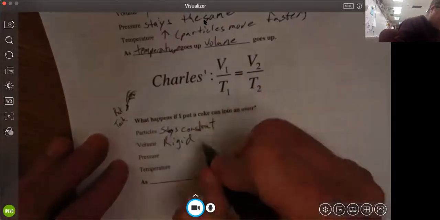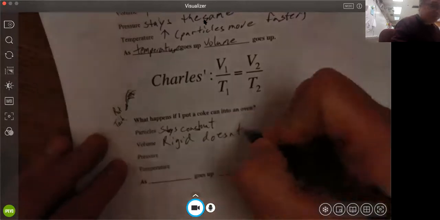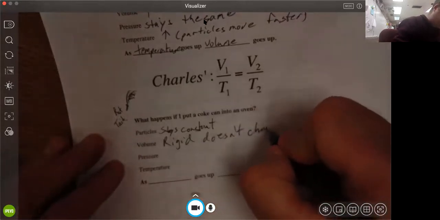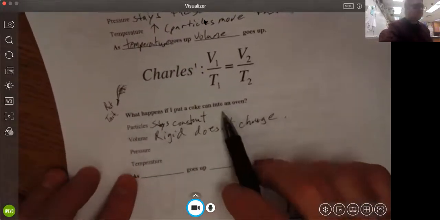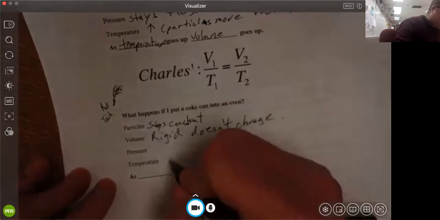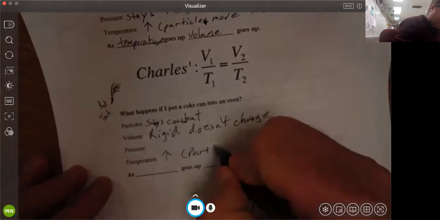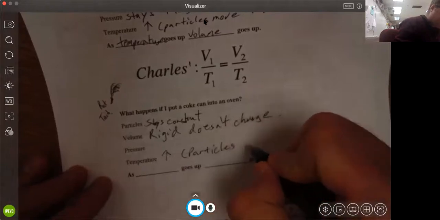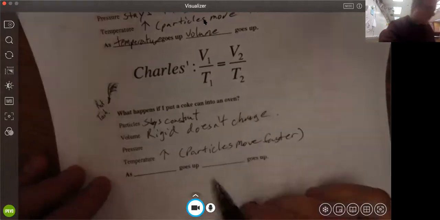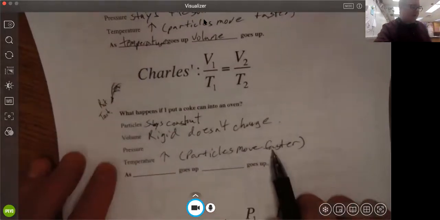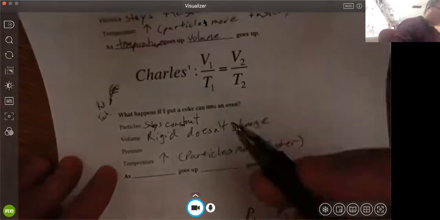Rigid means it doesn't change until it explodes. Temperature, we know Coke in a fire, in an oven, the temperature will increase. That makes the particles move faster. The particles move faster. They're colliding with the wall of this Coke container more often.